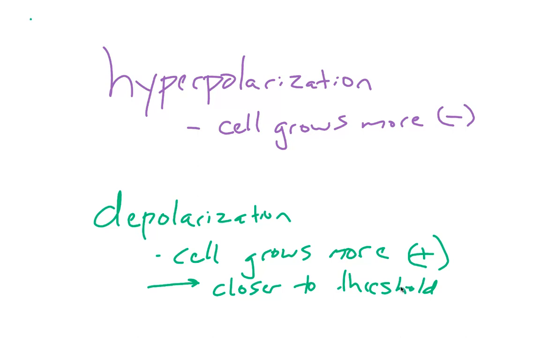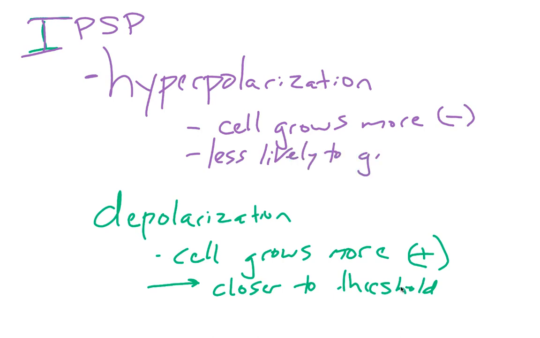So an inhibitory, I should use purple, an inhibitory post-synaptic potential is a hyperpolarization. Because the cell is growing more negative, it is less likely to generate an action potential, and as such, it is inhibitory.